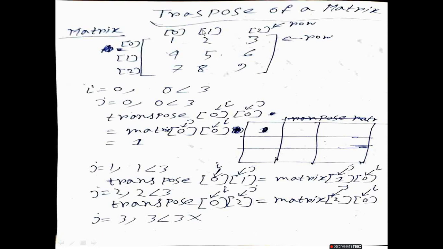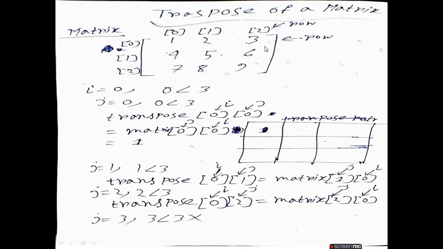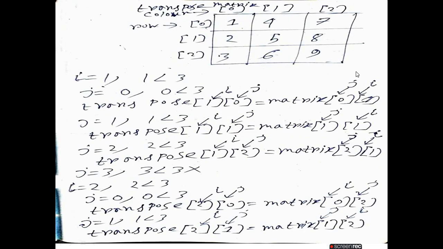This is a column 1 element, and we interchange it as a row, row 1. Now this is a column 2 element. This column 2 element is interchanged with row 2: 3, 6, 9 is a column, and after interchanging to the row, these become the row 2 elements.